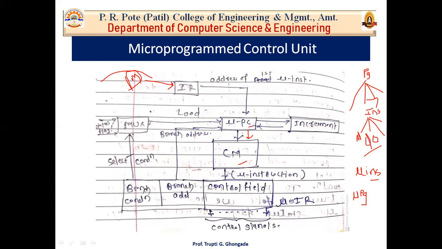So from control memory, we fetch the micro instruction and store it into the micro IR, that is micro instruction register. So all these names are the same as we used in the real memory.